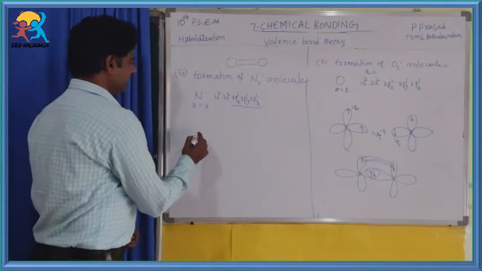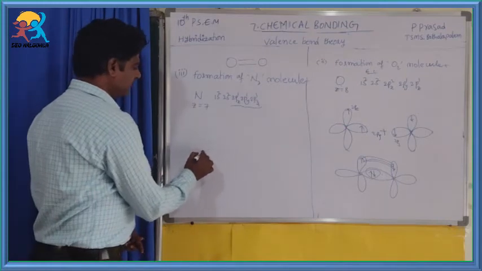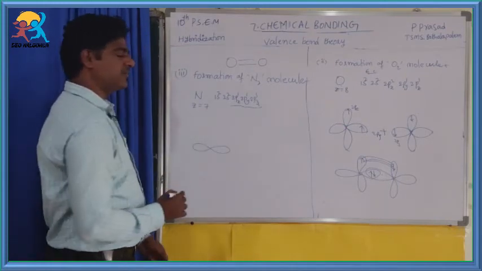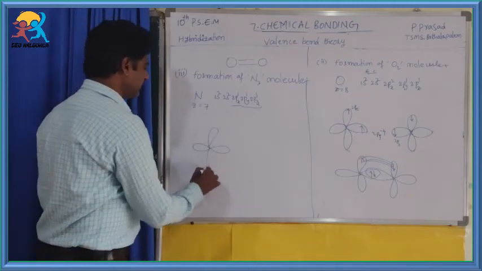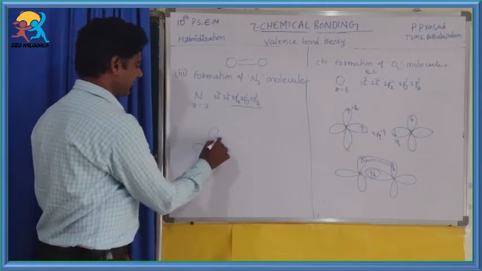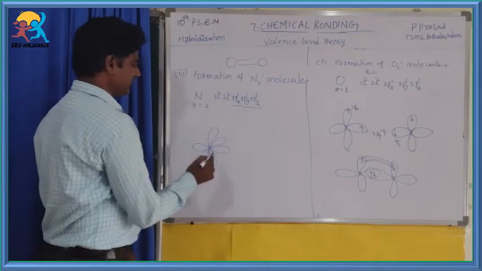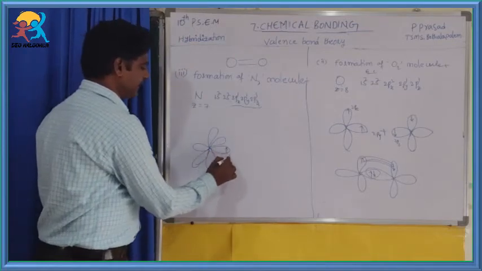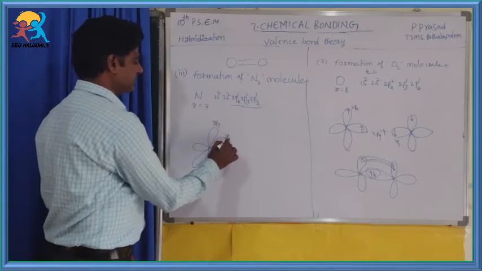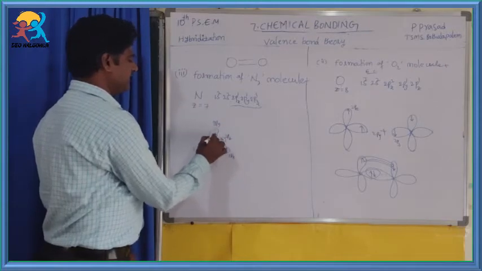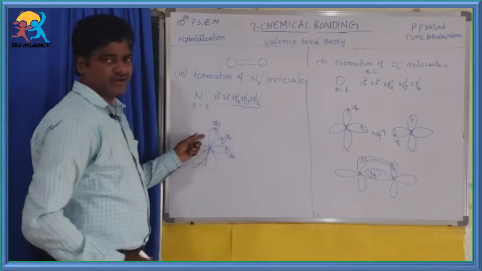How do the 2p orbitals lie? Each p orbital lies perpendicular to each other. Let this be 2px, this 2py, and this 2pz. Each orbital has an unpaired electron.